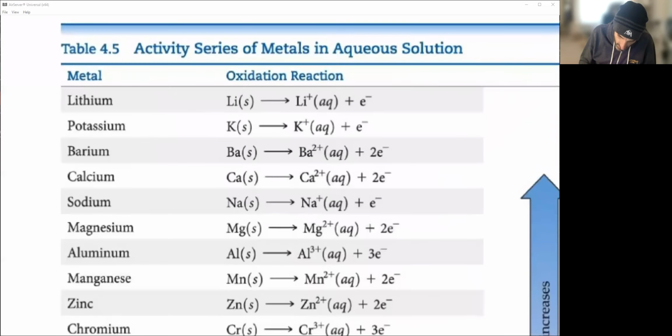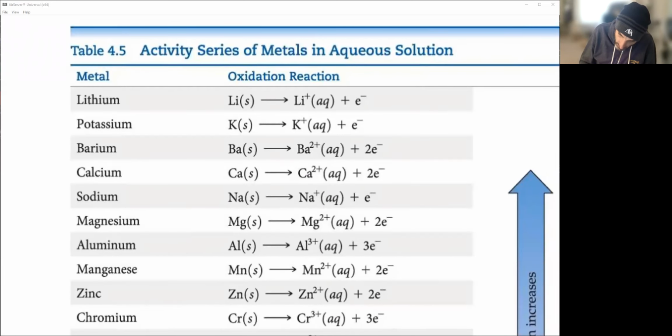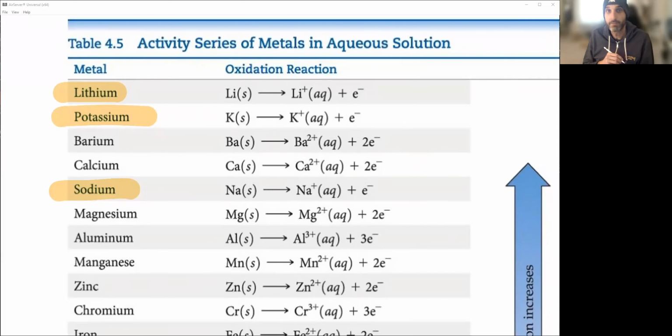What you're going to notice is we have lithium, potassium, sodium, and those are all what? They're all group 1. Next you have barium, calcium, magnesium. Those are all group 2.